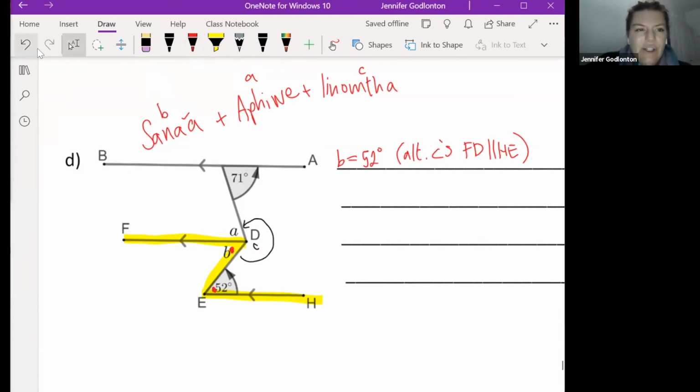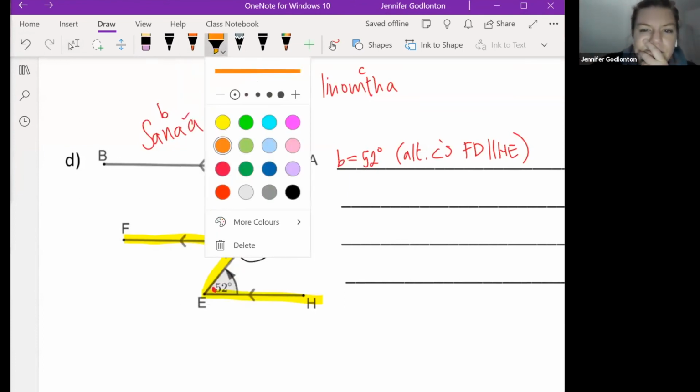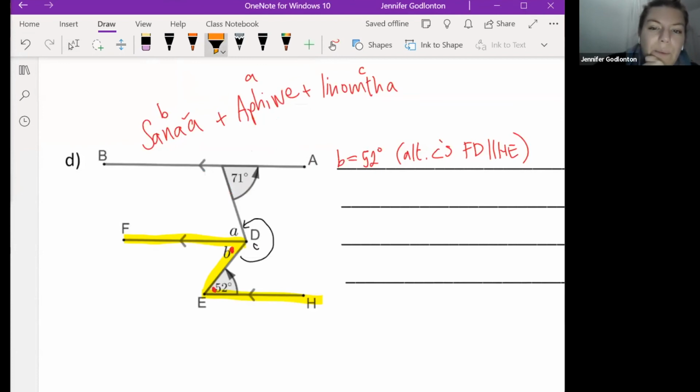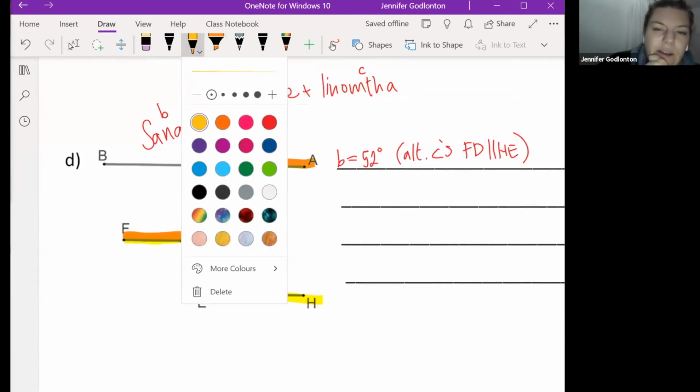Good start. Apiwe, you're talking me through A. Ma'am, for A, I said A is equal to 71 degrees because alternate angles are equal, AB is parallel to FD. Good.